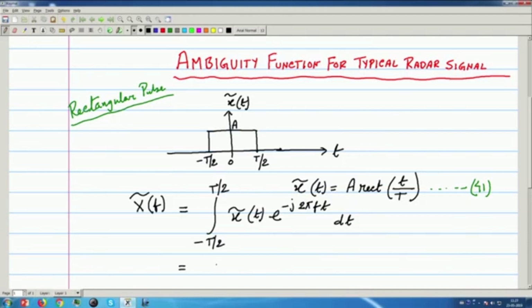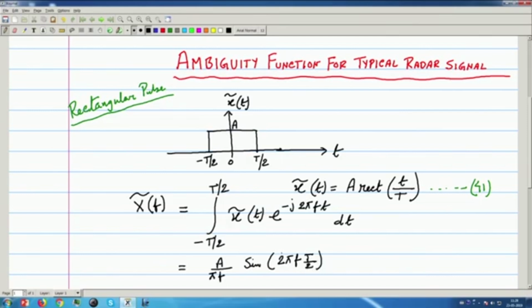Can I write this as A by pi f sin of 2 pi f T by 2?